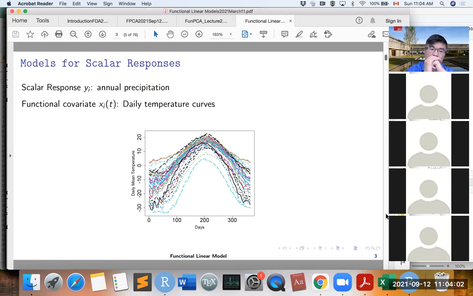We want to predict or find the relationship between the precipitation yi and the daily temperature curves xi(t).